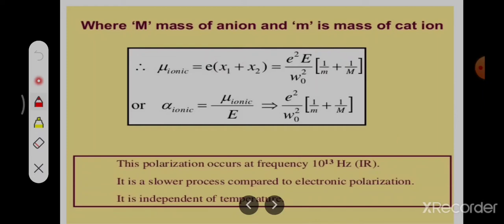This is all about ionic polarization. It is a slower process when compared to electronic polarization. This polarization occurs at the frequency 10 power 13 Hz, and it is independent of temperature.